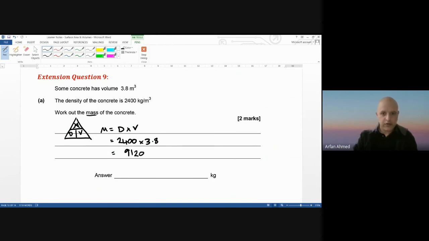Yeah, and that's going to be in kilograms. It's going to be the same. Yep, that's going to be in kilograms. That's going to be in the same units.